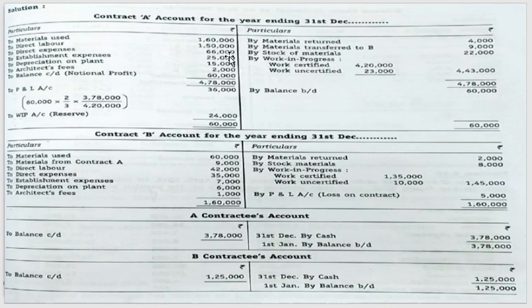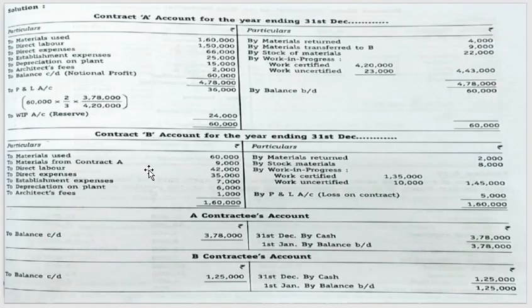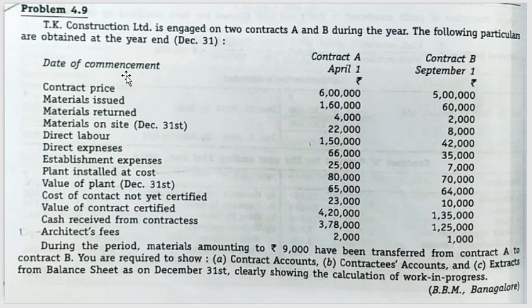Next, establishment expenses will also be recorded in your debit side as 25,000. Then we have plant installed at cost, which is 80,000. Then we have the closing value of the plant.